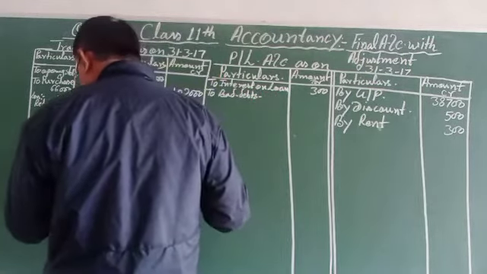Outside of the trial balance, provision for doubtful debt is to be maintained at 5% on debtors. The debtors given are 20,000. 20,000 into 5 upon 100 is equal to 1,000. So that is the new reserve for the organization.